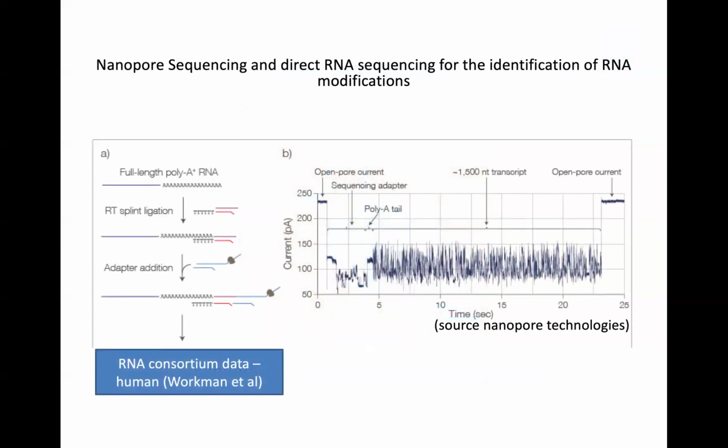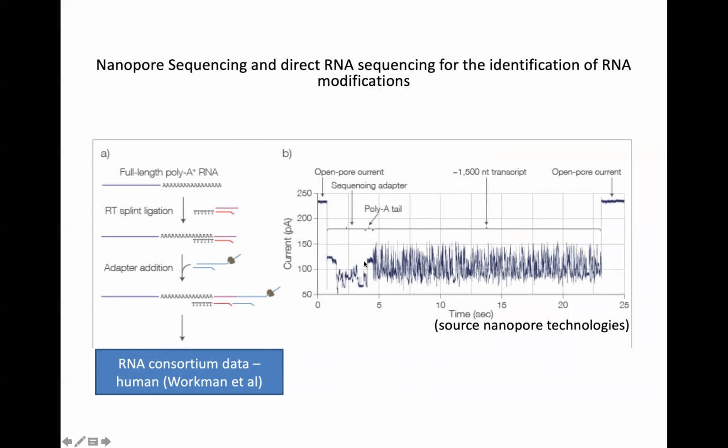Direct RNA sequencing library construction shares some similarities with poly-A selection Illumina sequencing, in that the RNAs that are selected for this process need to have a poly-A tail, and this poly-A tail is then used for ligating an adapter that has a poly-T tail, and subsequently ligating to that adapter the adapter with the motor protein that will enable the direct RNA sequencing.